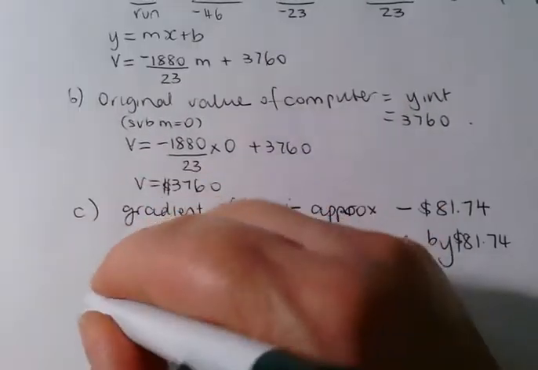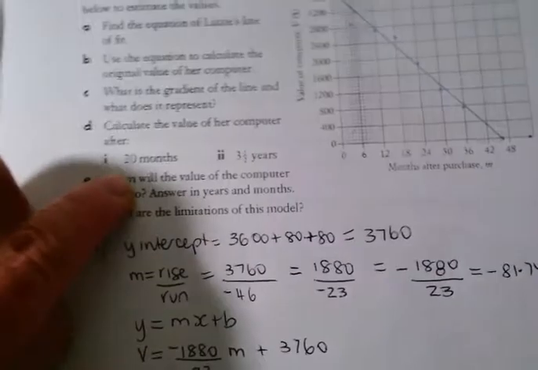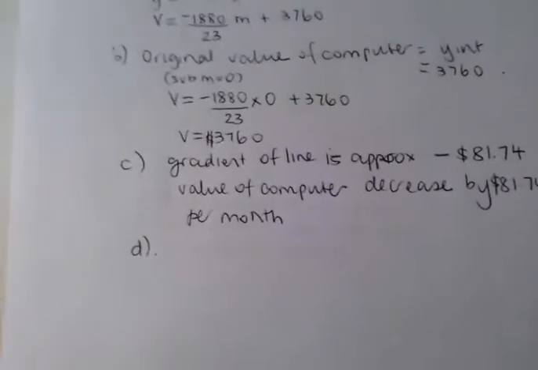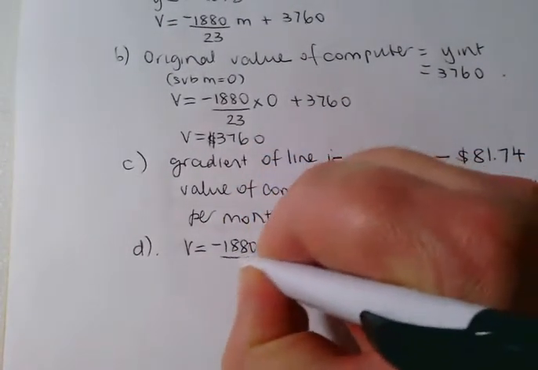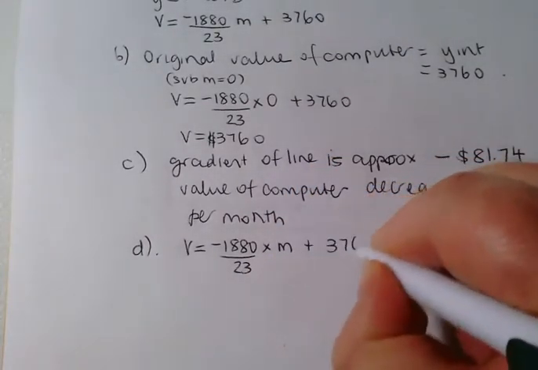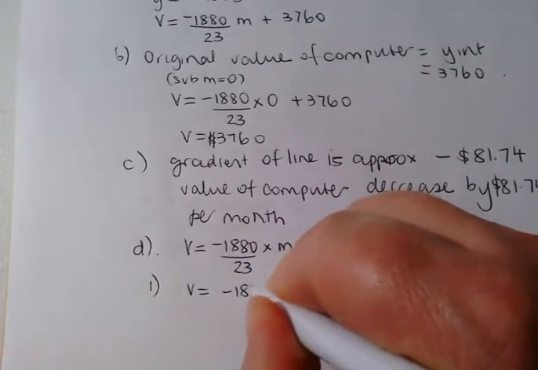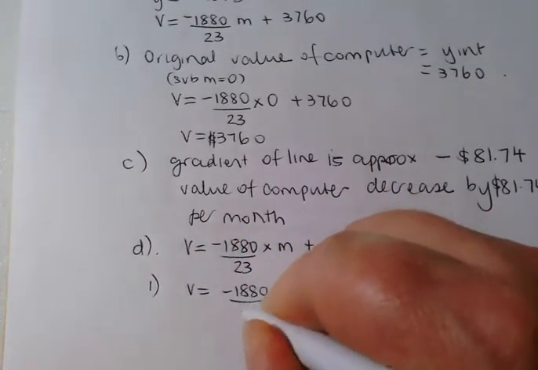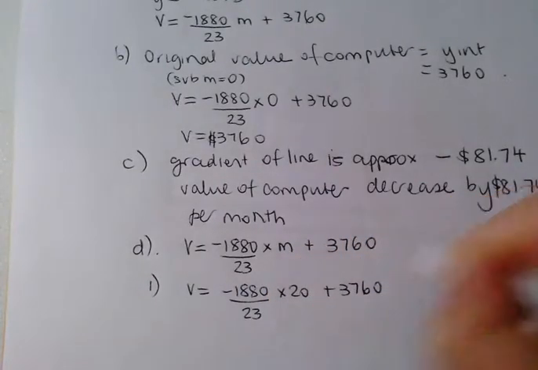Okay, part D: calculate the value of the computer after 20 months and 3.5 years. Just got to be careful here because the formula uses months. So V equals negative 1880 over 23 times m plus 3,760. For part 1, we're substituting in 20 months, so it's negative 1880 over 23 times 20 plus 3,760.